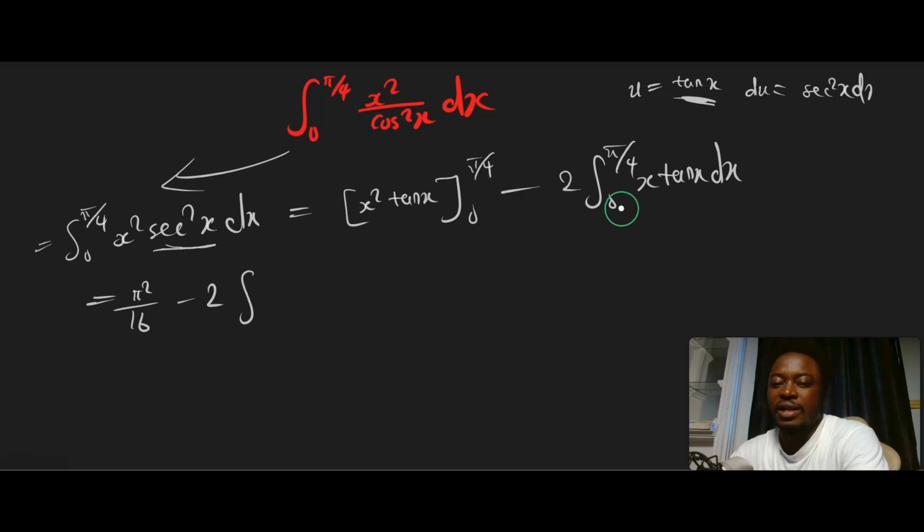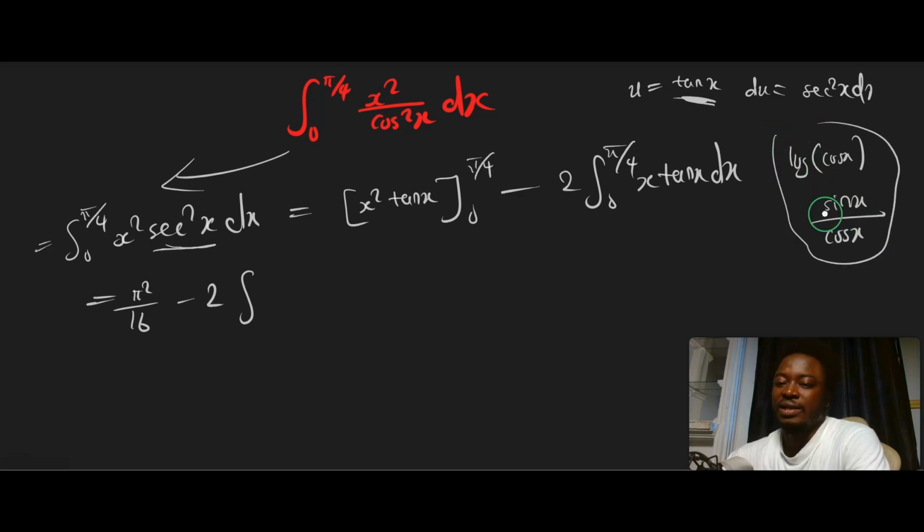Now for this case here, the antiderivative of tan x is going to be, I think, the logarithm of cos x, right? Because if you take the derivative of this, you will get sine of x over cosine of x, so you get tan x, but then you are getting a minus here, so we have to write this as negative logarithm of cosine of x.